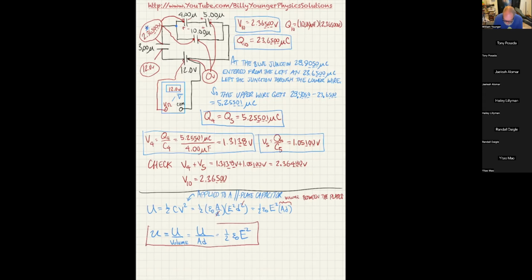And part of the reason we do that is later we'll discover there's a device that's not a capacitor. It's called an inductor. And in that case, u is defined to be big U over volume, which ends up being big U over the area times the length of the solenoid.